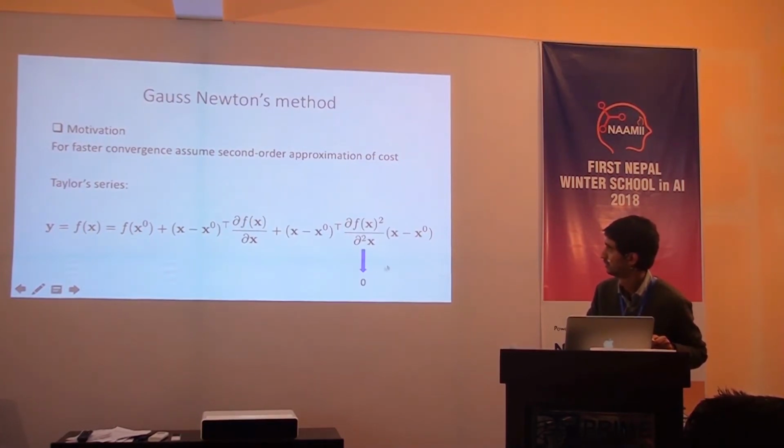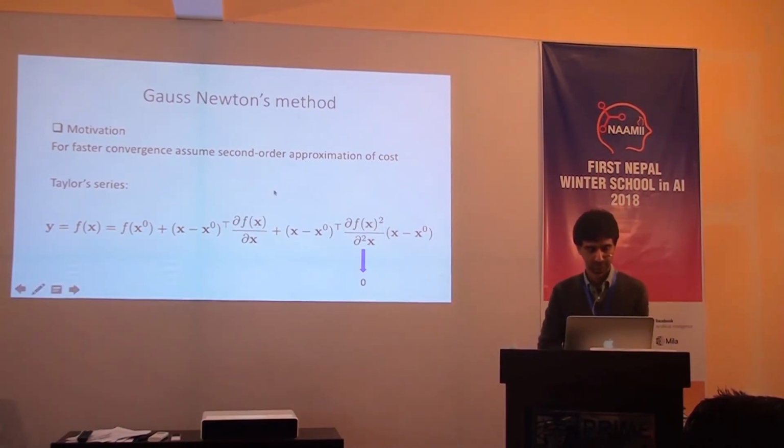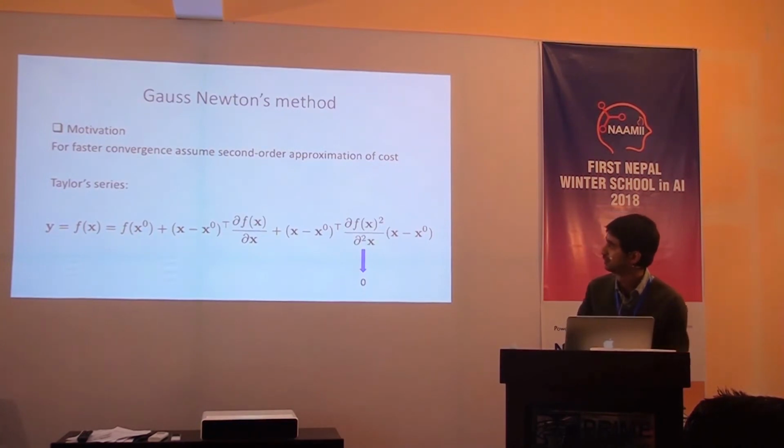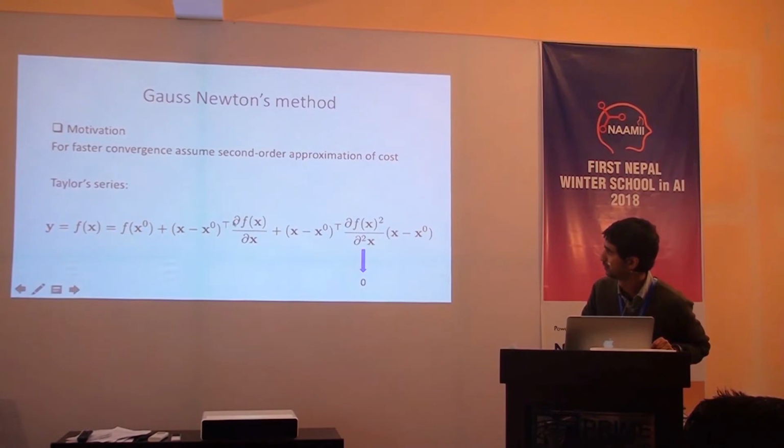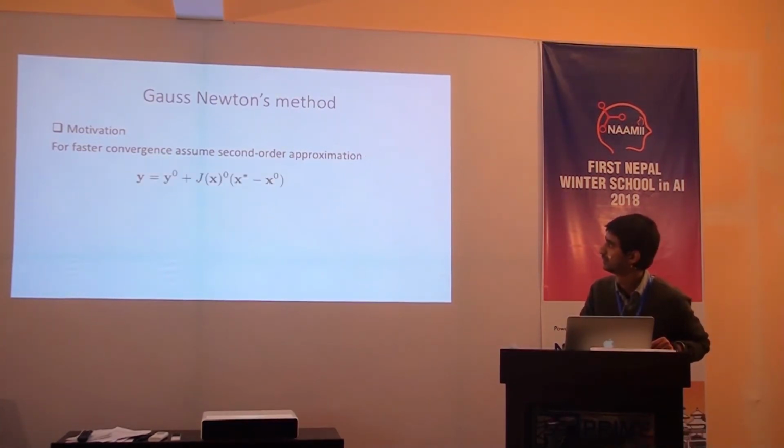Again, y are residual functions. If you put this at 0, you can rewrite this equation using the Jacobian like before. So you get y equals y naught plus Jacobian times x minus x naught.